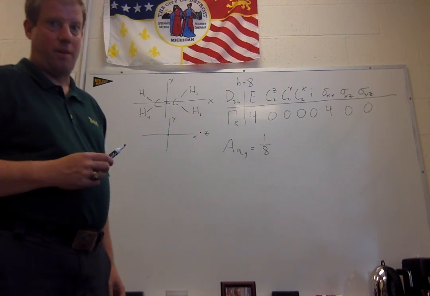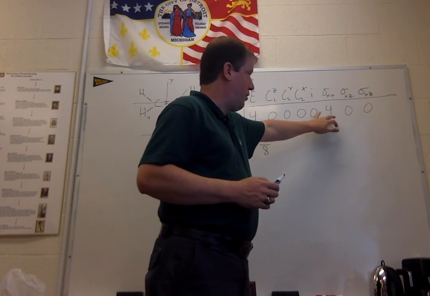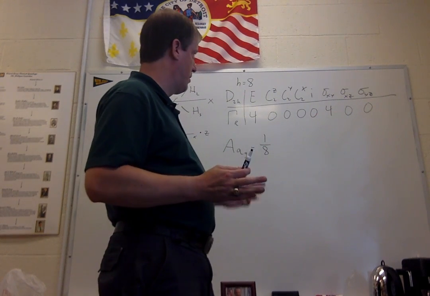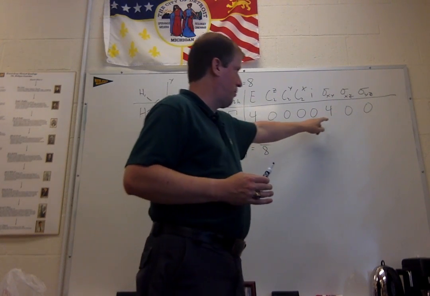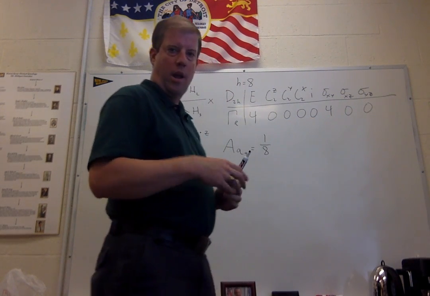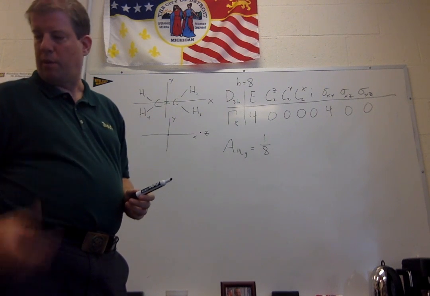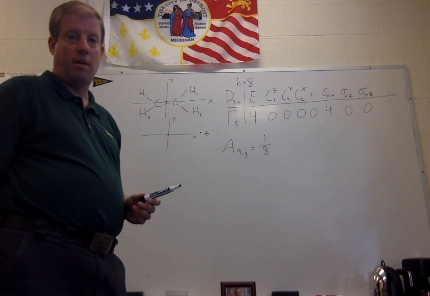Now the nice part about this is we get off pretty easy here. You only have 2 things you're going to have to worry about. What happens with E and what happens with the XY plane, because the characters here are all 0. And so you're going to be multiplying by 0, for example, if you're considering any of the C2 axes.